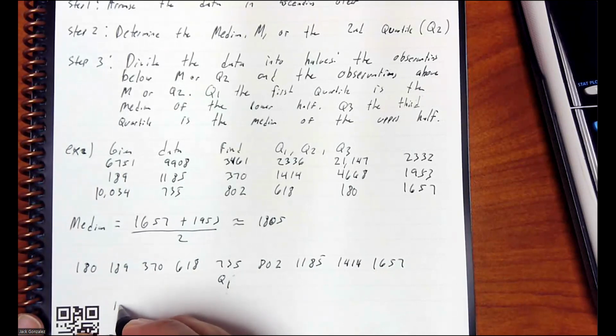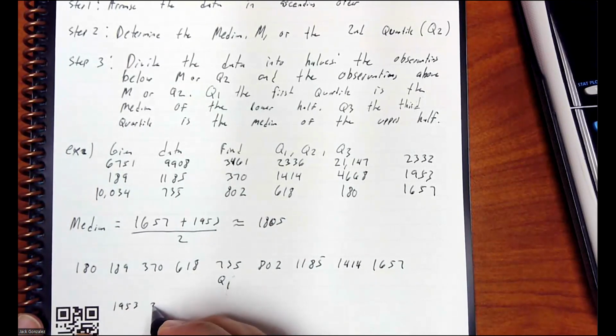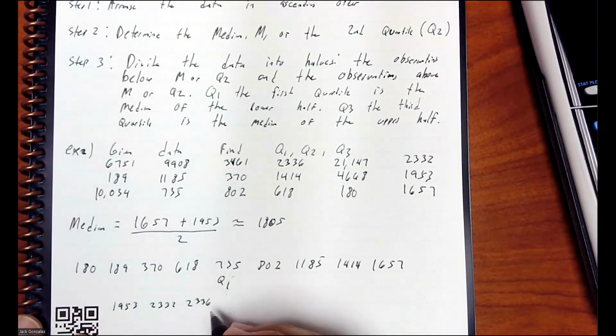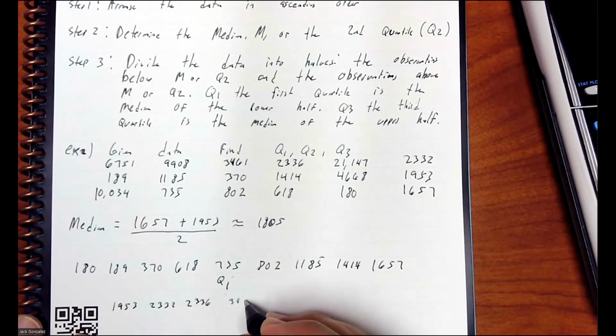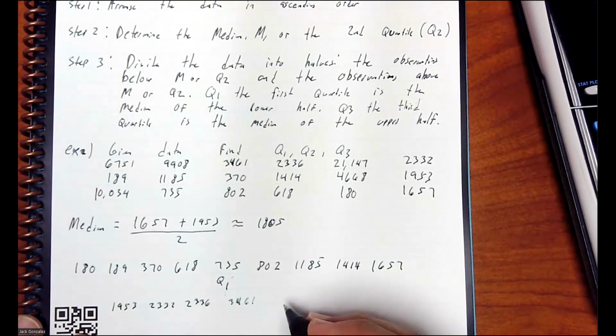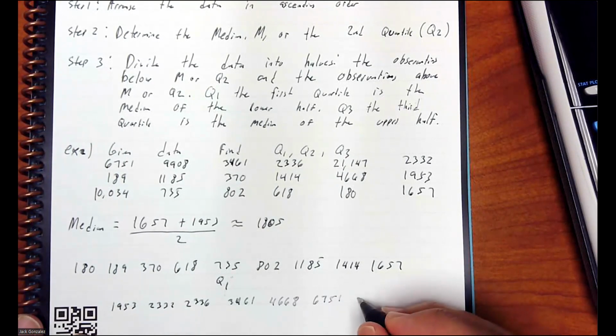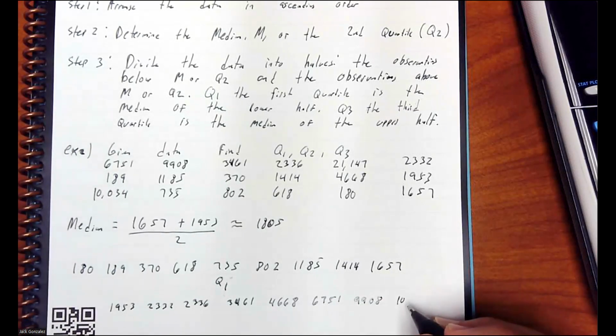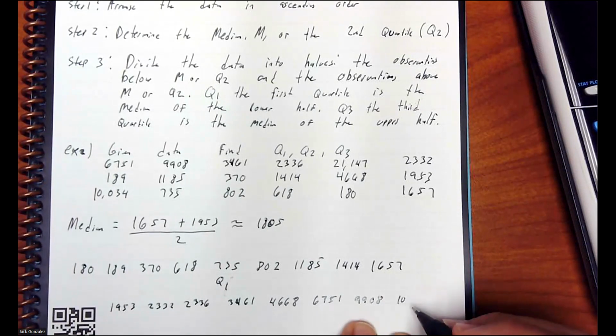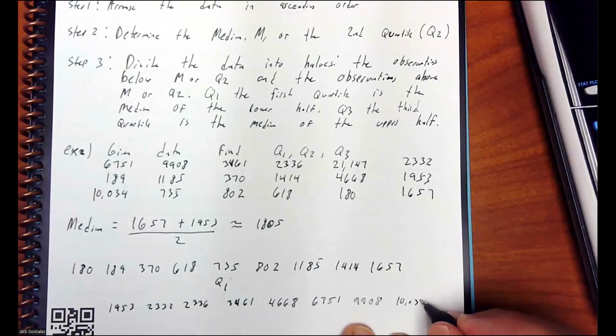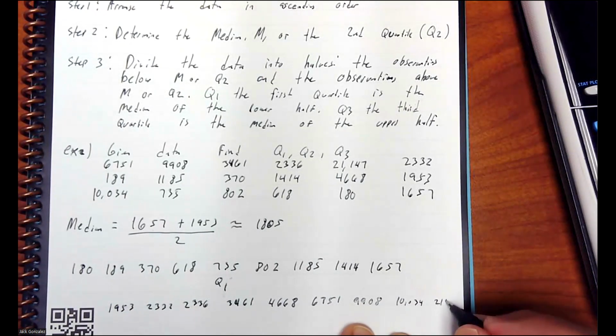So starting at 1953. That's all the top half. 9908, 10,034, 21,147.